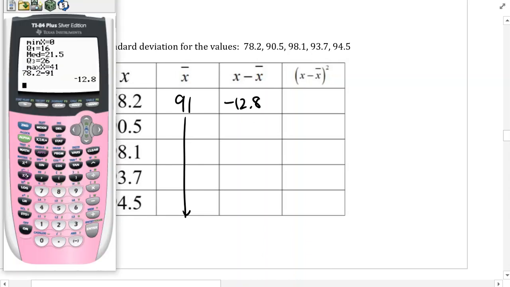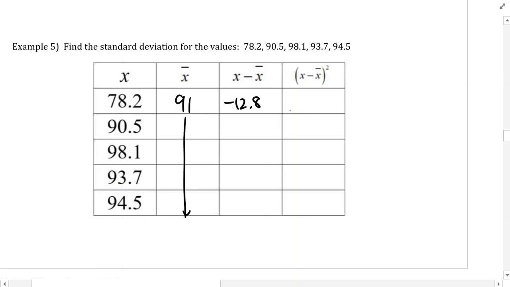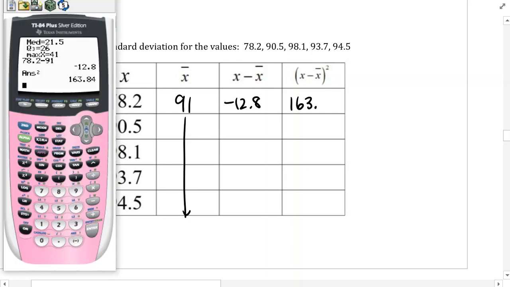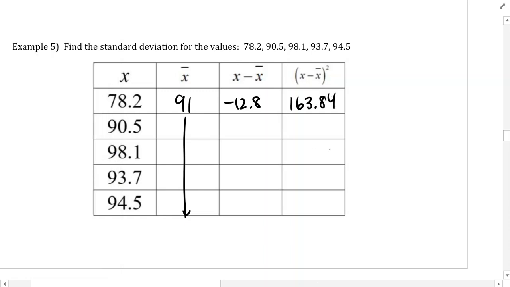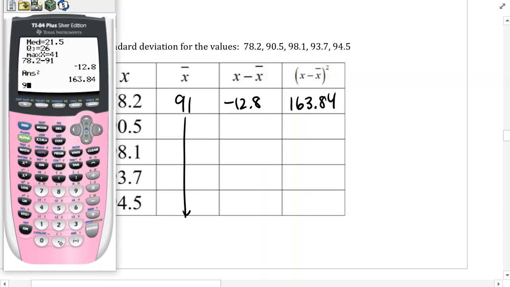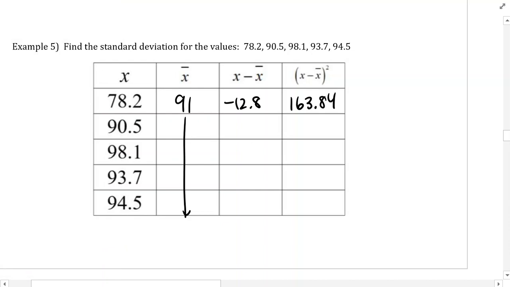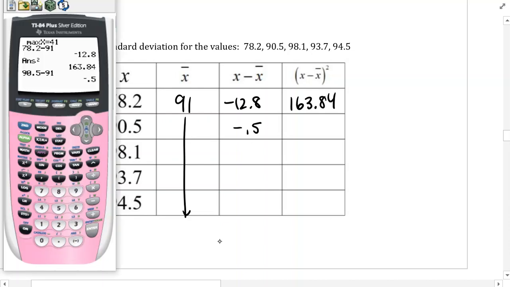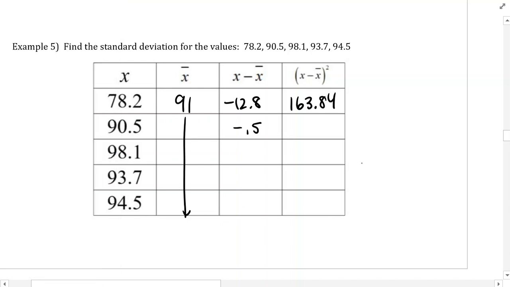And when I square that, I'm going to get 163.84. And then I'm going to do 90.5 minus the 91. It's going to be negative 0.5. And then I square it to get 0.25.